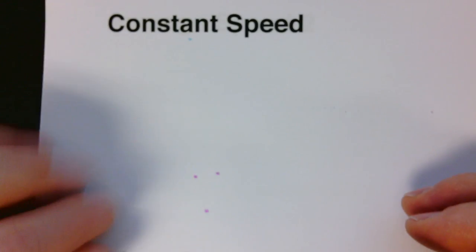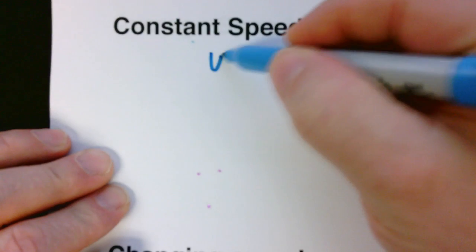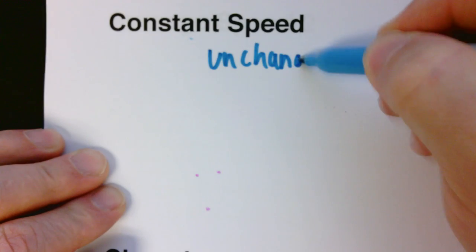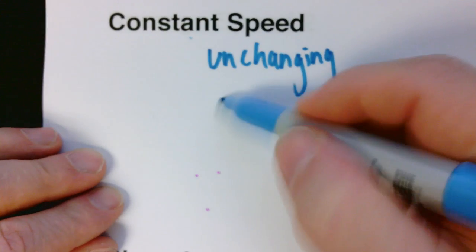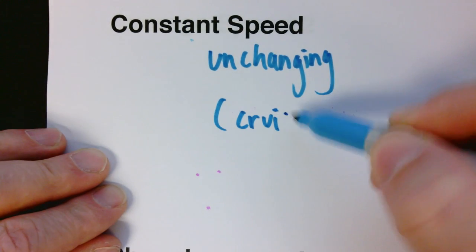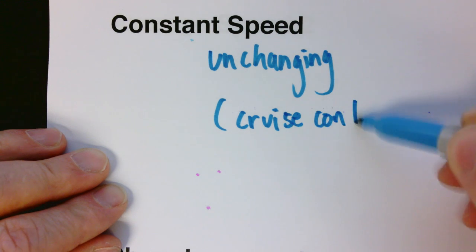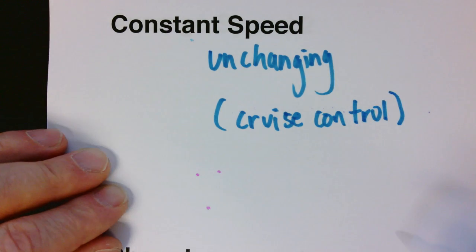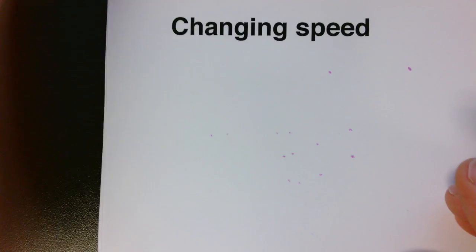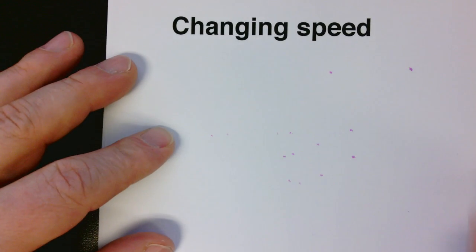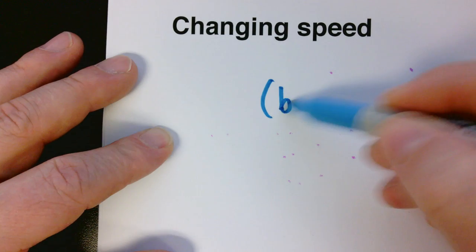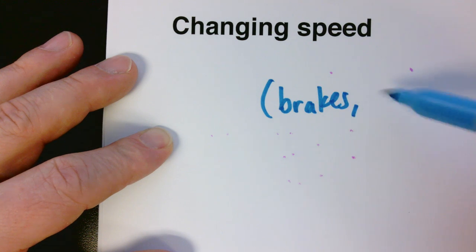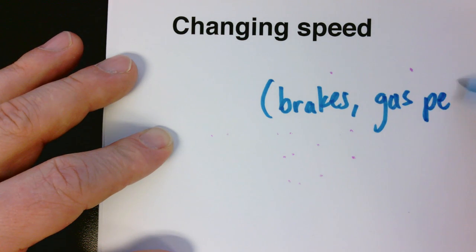Yet another way to describe speed is constant. Constant just simply means unchanging. We could think of this as being like cruise control. And then, of course, we have changing speed, which is where we are using the brakes or pressing the gas pedal.